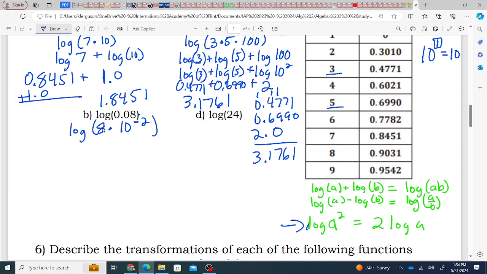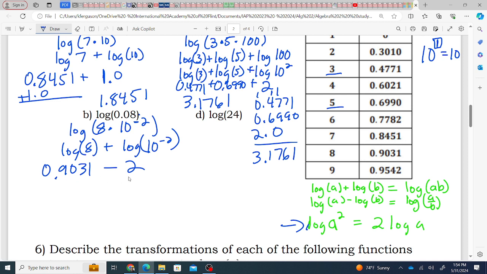Well, because it's being multiplied, I can separate and say that's log of 8 plus log of 10 to the -2 power. Well, log 8 is right here. So that's 0.9031. Excuse me. And then here, I've got log of 10 to the -2 power. So that's going to be a -2.